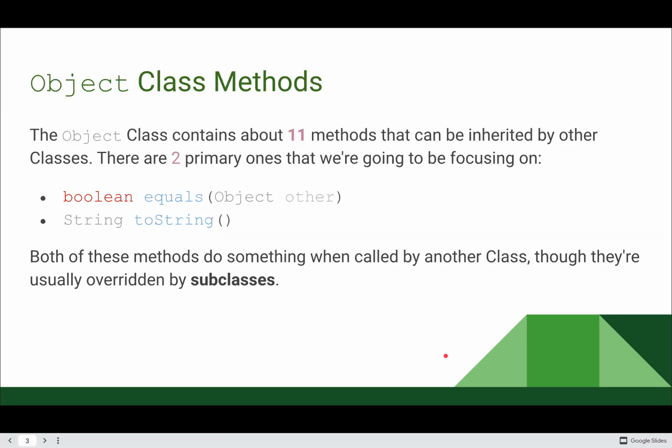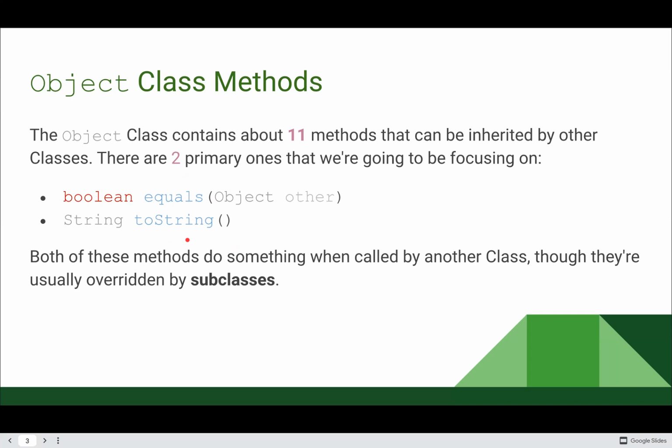So the object class contains about 11 methods that are inherited by other classes. However, there are two primary ones that we're going to focus on today: the Boolean equals method and the String toString method. We have worked with both of these methods before.